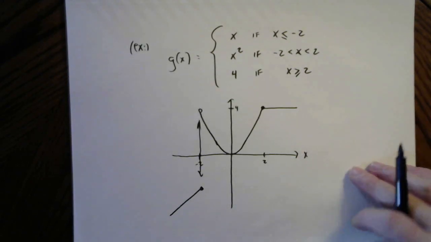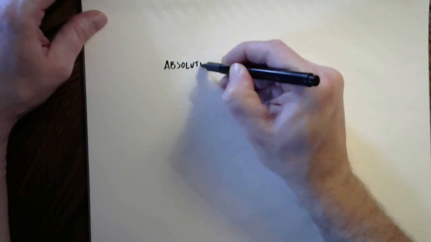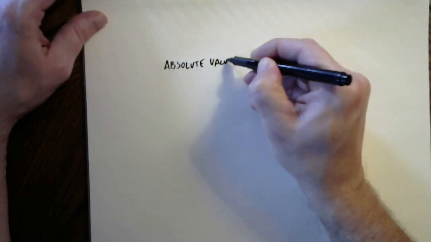Okay, so an important extension of piecewise function is this, and this is something that's often misunderstood. I'm going to go back to the old absolute value function.